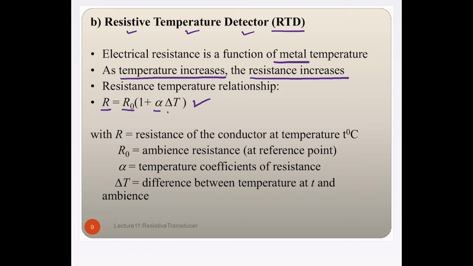Then we have delta T. Delta T is the difference between the measured temperature and the reference or ambient. So we can write delta T equal to T minus T naught, where T naught is our reference temperature.